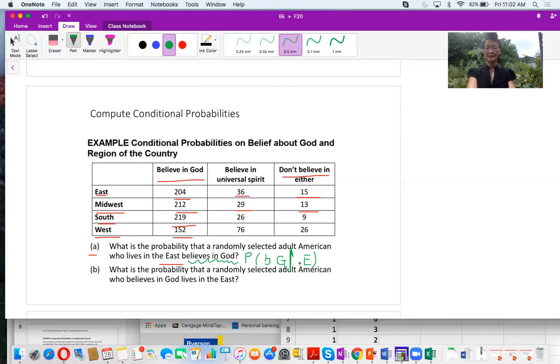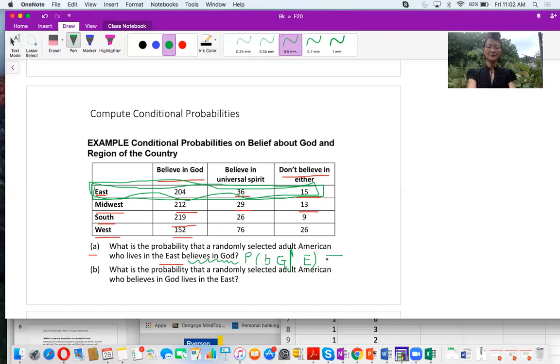When you have this kind of conditional question and you are given a table, given the East means you just look at the first row in the data set. Don't look at Midwest, don't look at the South, don't look at West. Just look at this data.